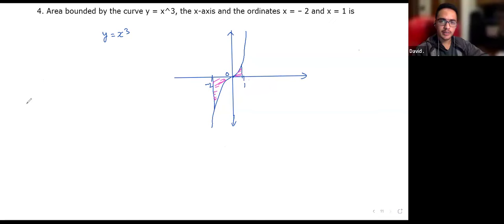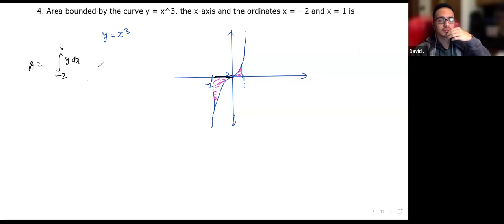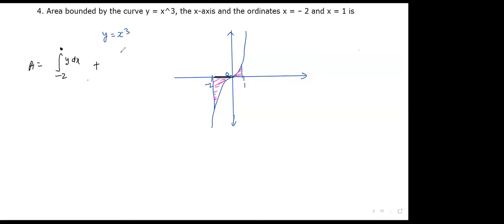We have to find it separately. So first we will take the integral from -2 to 0 of y dx, because we are taking limits on the x-axis, plus the integral from 0 to 1 of y dx.